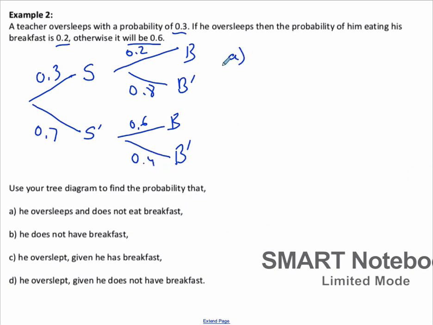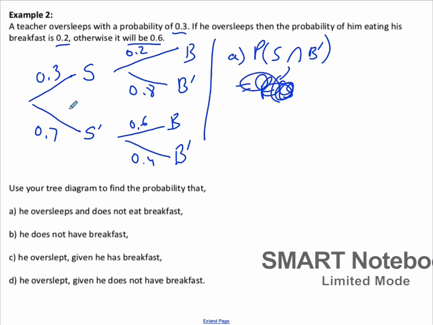I'll do part A first. The probability he oversleeps and does not eat breakfast. That is just this branch right here, which is 0.3 times 0.8, which equals 0.24, or 24%.